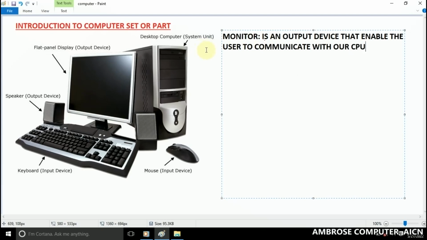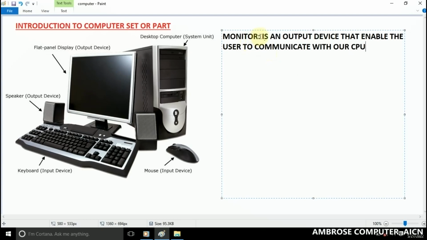So this one is called the monitor. What do I mean by monitor? You may hire me as a nanny so that you'll be paying me. Me taking care of your children can also be referred to as monitoring.